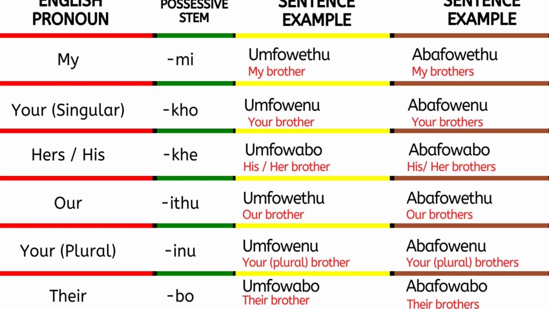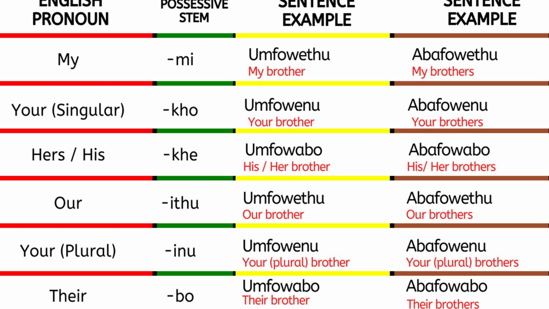The daughter of your father's brother as well would then be udadewenu, so your sister. It could be one sister, it could be many sisters. We are saying udadewenu for one sister. Odadewenu for many sisters of yours, not mine.